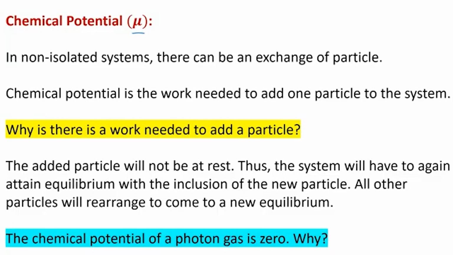It is important to note that a photon gas has no chemical potential, or rather its chemical potential is equal to 0, and the reason is that if you keep photons inside a container, photons are going to be exchanged continuously with the surroundings.